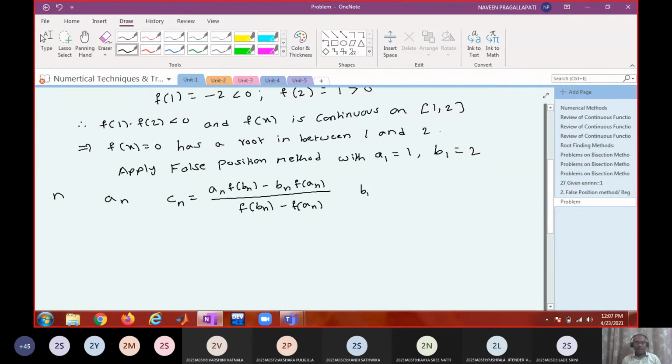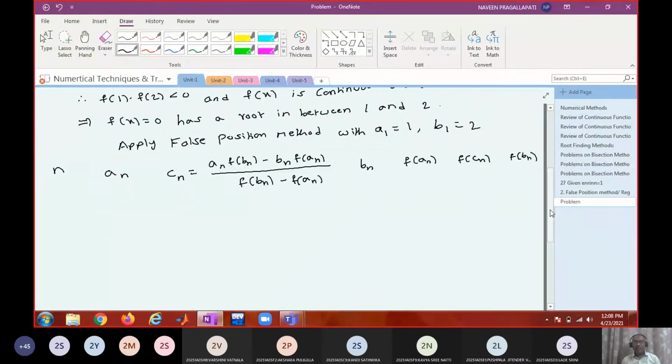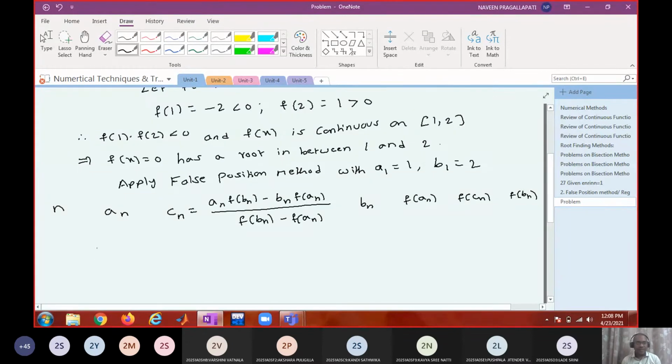And then the signs of f(a_n), f(c_n), f(b_n). These signs will be helpful for us to identify the new interval for the next iteration. So iteration number 1.